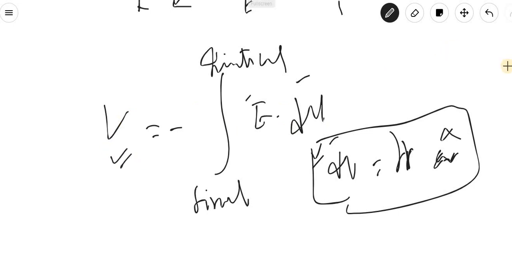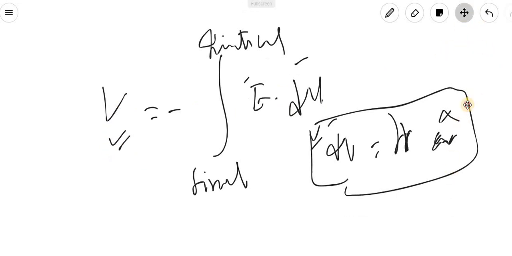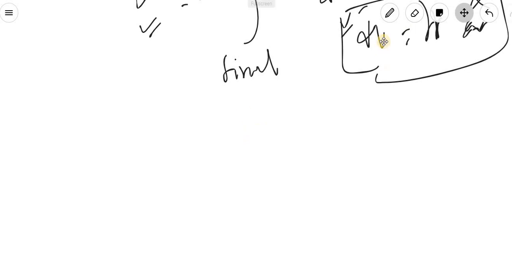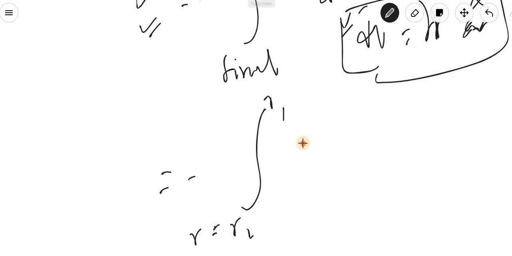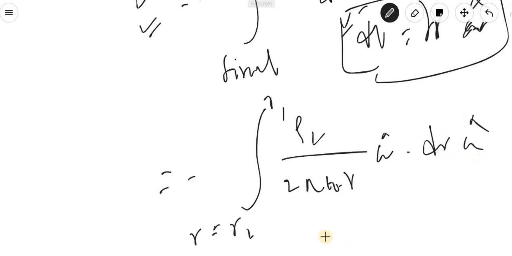So now what will be the potential difference? It will be minus the integral from R equal to R1 to R2 of rho L over 2 pi epsilon naught R dR a_R dot a_R. Clear?